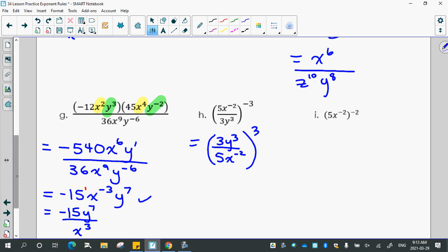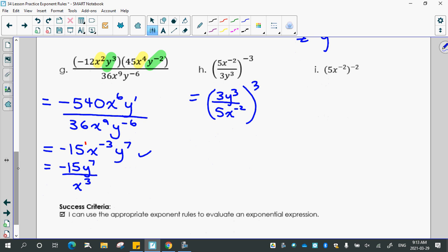So now I can apply that exponent to the numerator and to the denominators. That would be my next exponent rule that I'm using. But I have to remember, and maybe it would help you to write it like this first, with the brackets, that 3 is applying to everything inside the bracket, not just the variable.